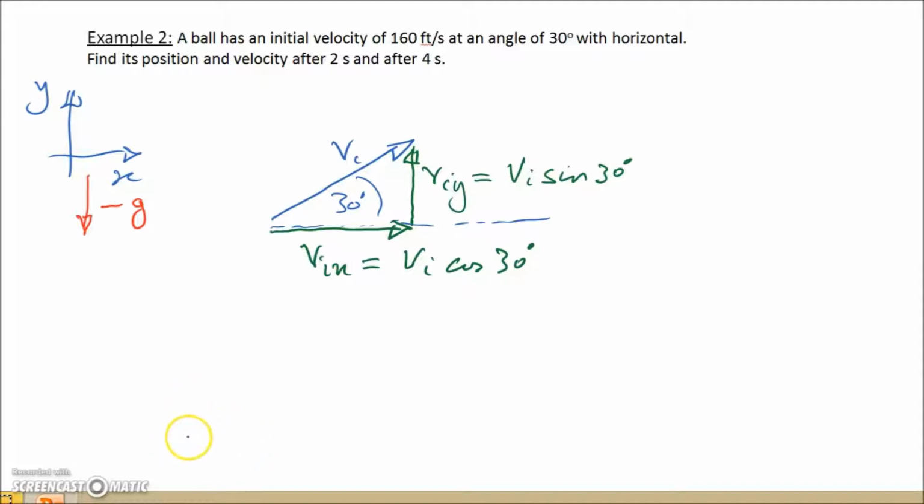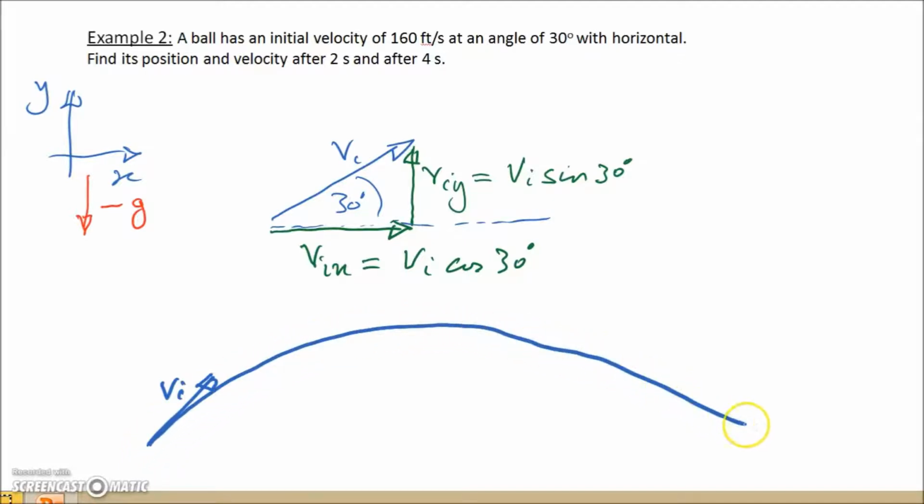So we have some initial starting vector, vi, and the trajectory will be a parabola. That's supposed to be a parabola. And at any point in the trajectory, the velocity is tangential to the trajectory.